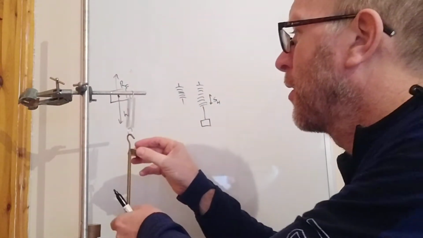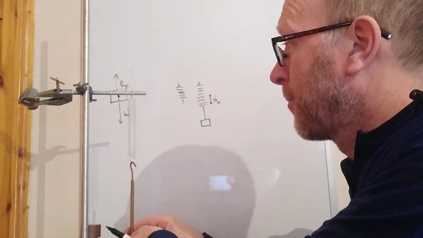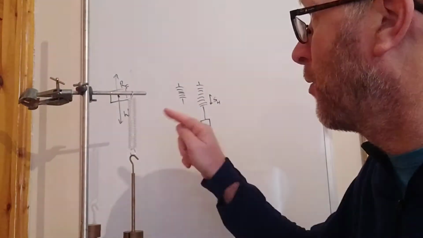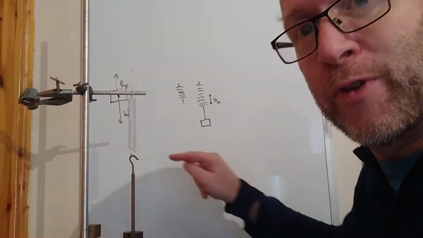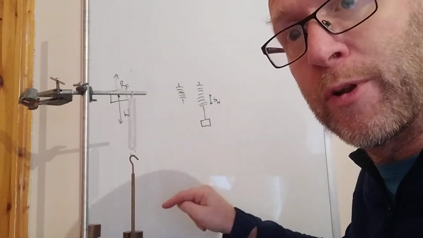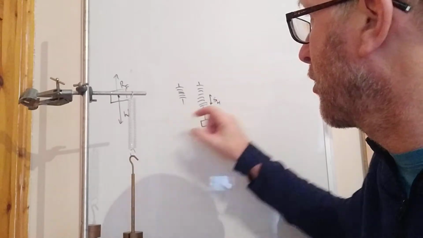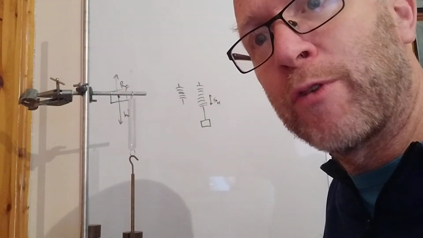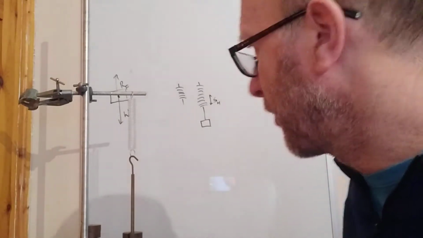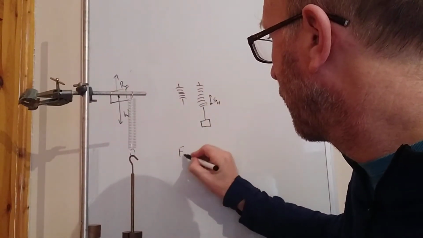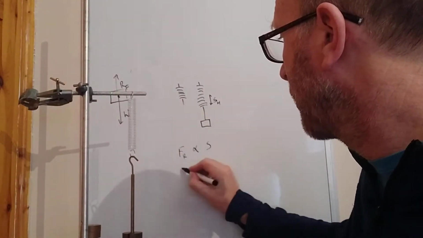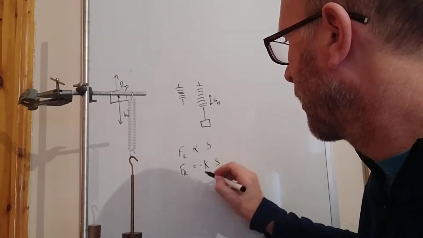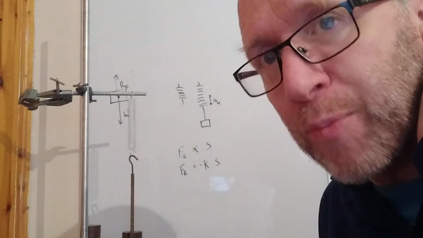If I increase the weight, the weight is equal to the restoring force, so I've clearly increased the restoring force. I doubled it, and you would find that this displacement has also doubled. So the restoring force is directly proportional to the displacement, so restoring force is equal to a constant times the displacement, and the constant is called the spring constant.